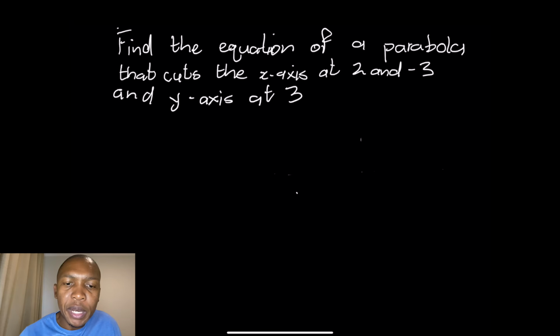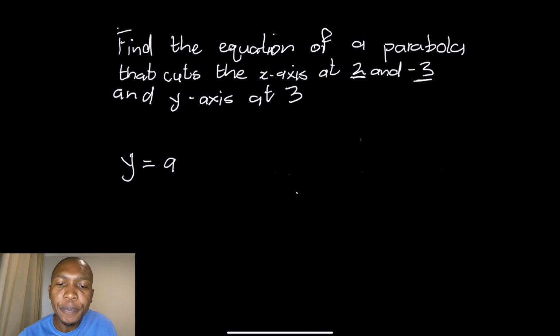So this parabola, first of all, you've got two x-intercepts, okay? And our x-intercepts are 2 and minus 3. What happens at the x-intercepts, we know this is where x is a certain number and y is 0, right? So now I'm going to say, well, this is y is equal to a, okay?